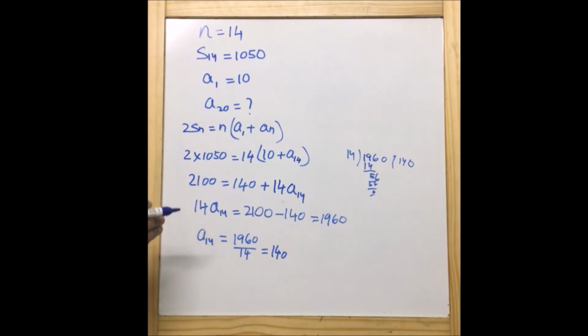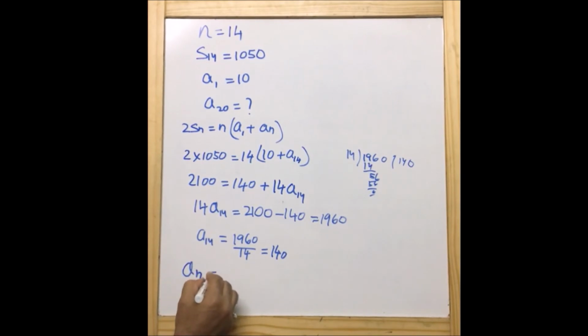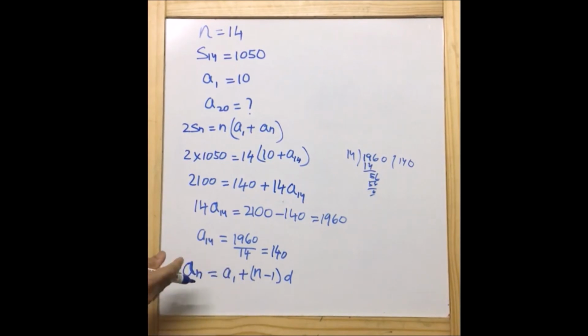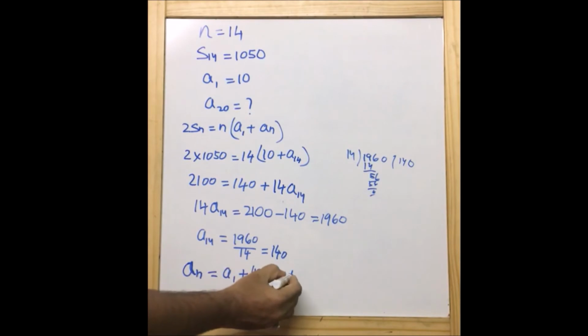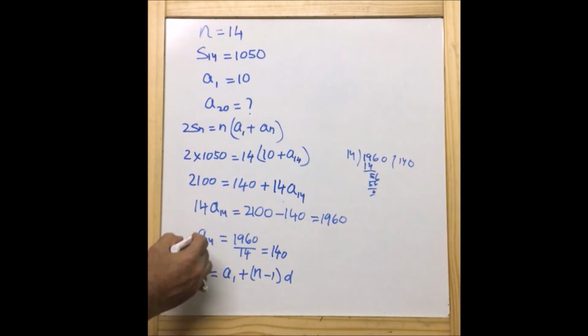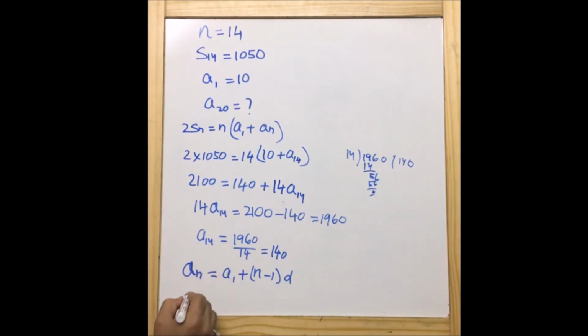So I will move on to our old formula, An is equal to A1 plus (n minus 1) into D. We require this D value. Once we get the D value, it would be easy for us to find out the value of A20.